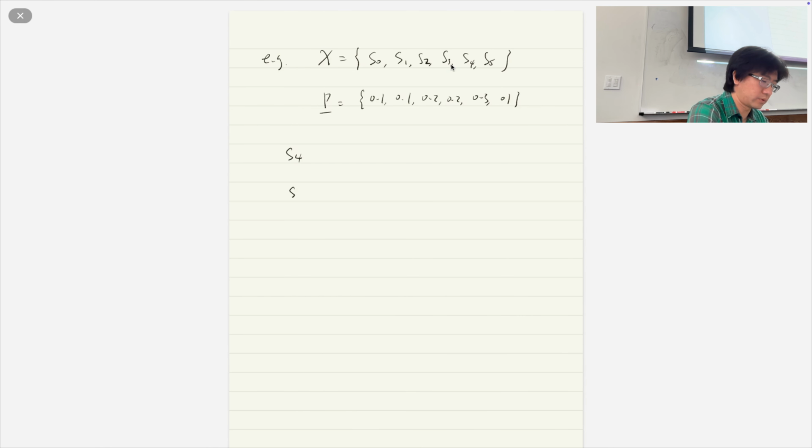The rest is S0, S1, and S5. They're all 0.1, so it doesn't matter. Now we can run the algorithm. Let's label the probabilities here: 0.3, 0.2, 0.2, 0.1.